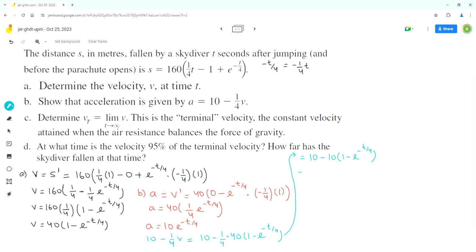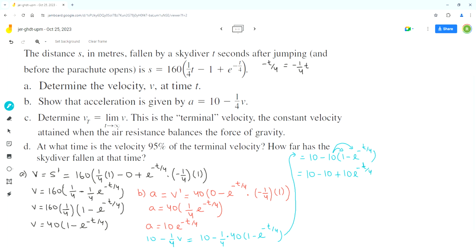Now we can distribute the 10 outside the parentheses into the parentheses. So we'll multiply each term in the parentheses by negative 10. So negative 10 times 1 is negative 10, and negative 10 times negative e to the power negative t over 4 will be plus 10 e to the power negative t over 4.